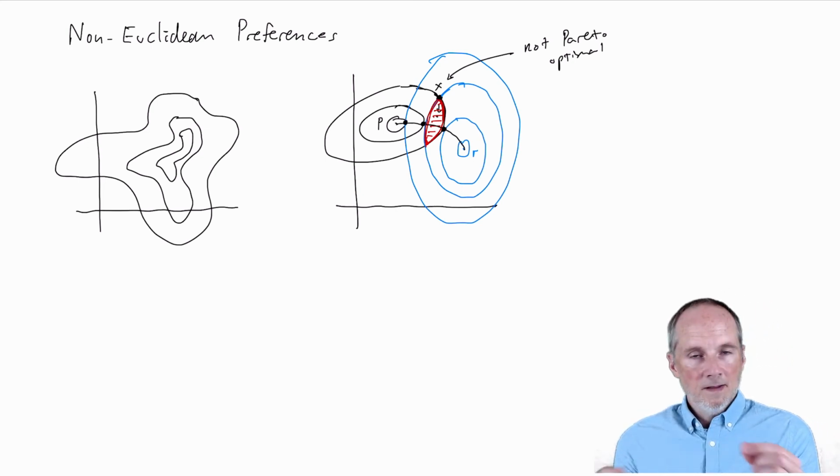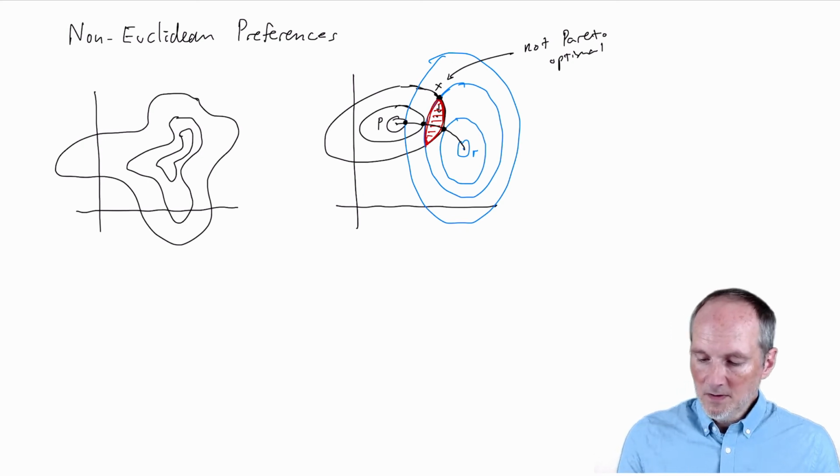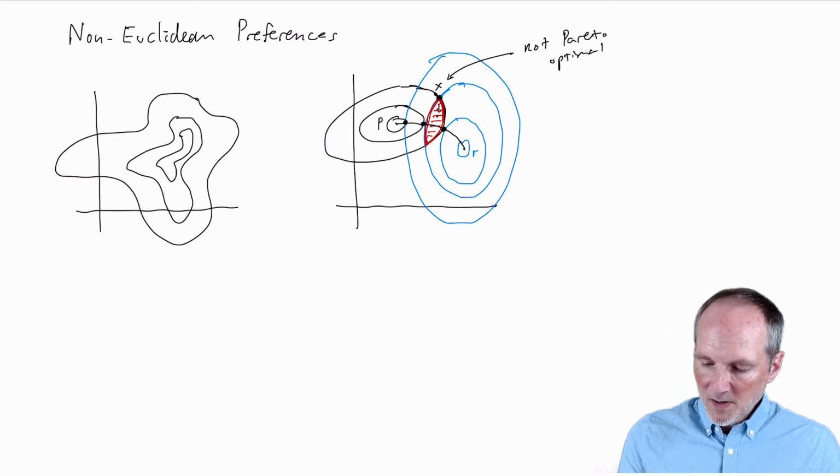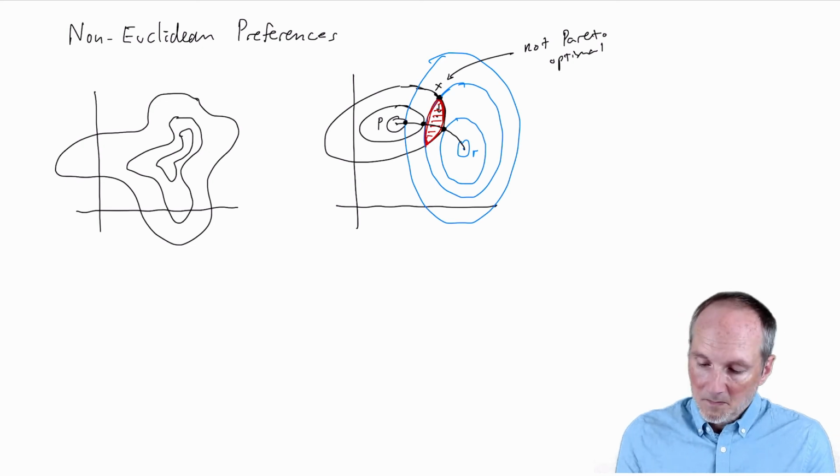So instead of a straight line between the ideal points, in this model with non-Euclidean preferences, the Pareto optimal set of policies is going to be a curve.